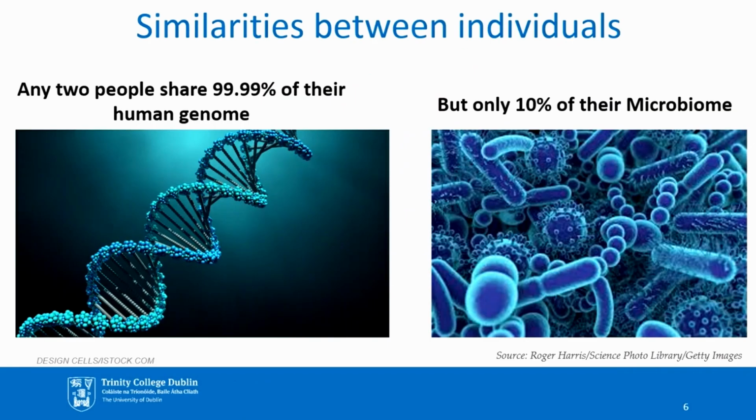Interestingly, any two people share 99.99% of their human genome, whereas they share only 10% of the microbiome. Research has revealed that there are millions of genes unique to individual microbiome samples, suggesting that the genetic diversity in microbiome from person to person could be enormous.